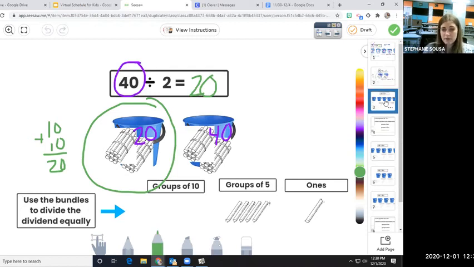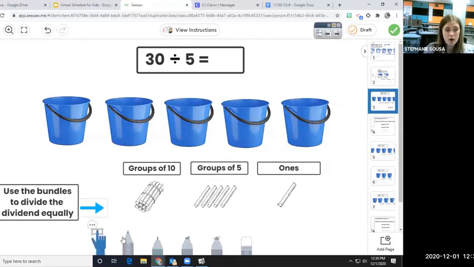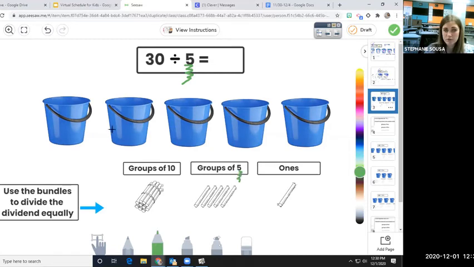Let's take a look at slide 3. So on slide 3, we have 30 divided by 5. Now, you know what? This, I think, might be a good hint. There's a 5 inside of my equation. I could probably count by groups of 5. That's a pretty big hint to me. But let's start out with the tens.